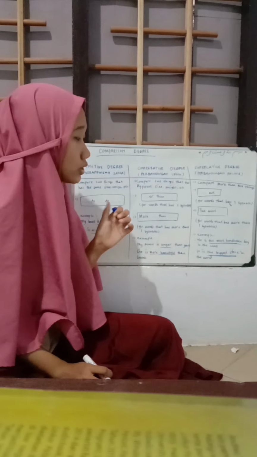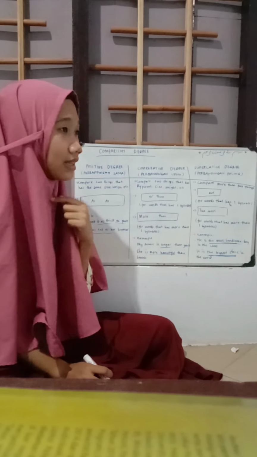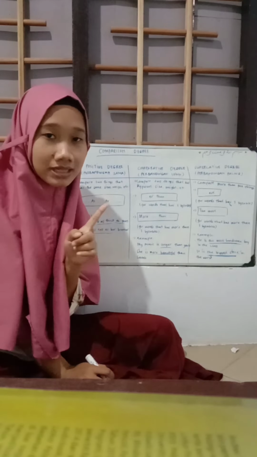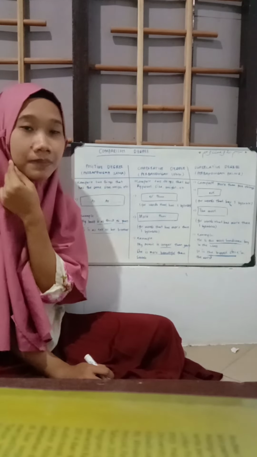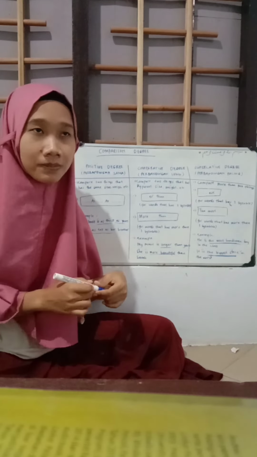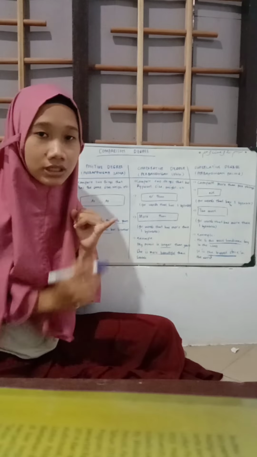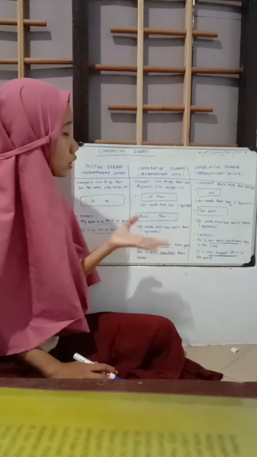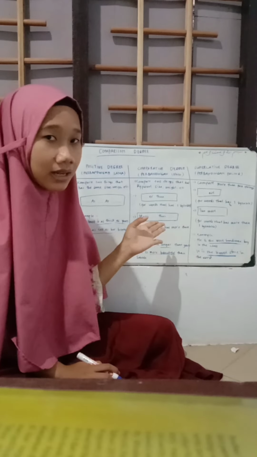So you just add ER when the word that you are going to compare has just one syllable. For example, big becomes bigger. For example, again, small becomes smaller. Small is just one syllable, right? So you just add ER at the end of the word.